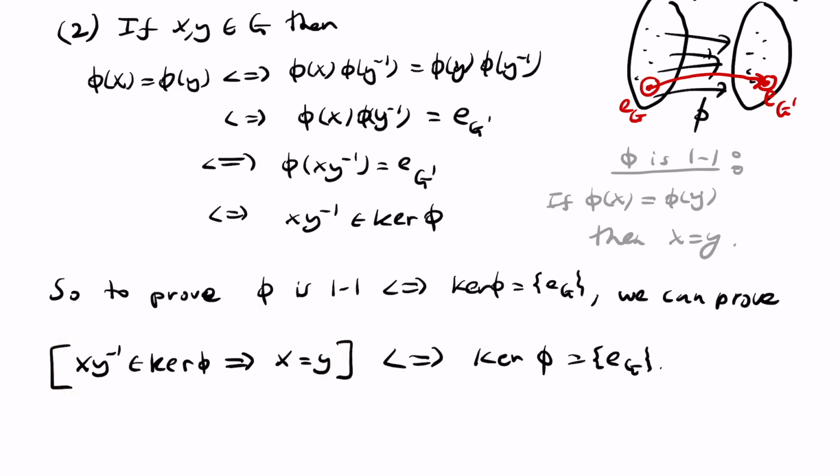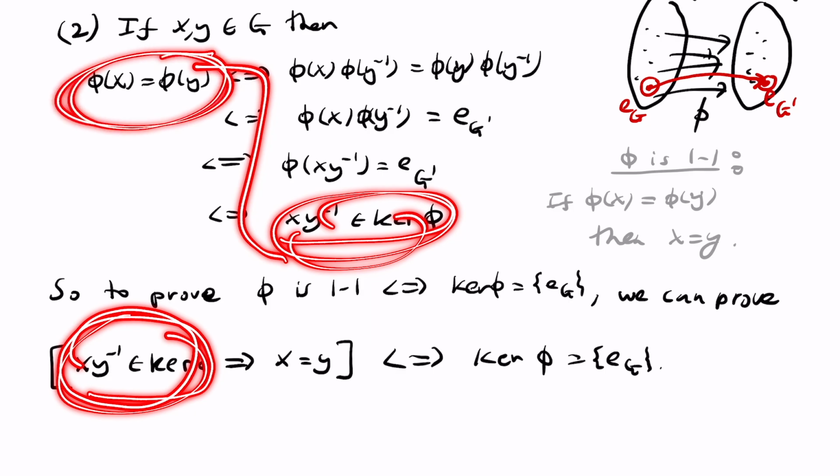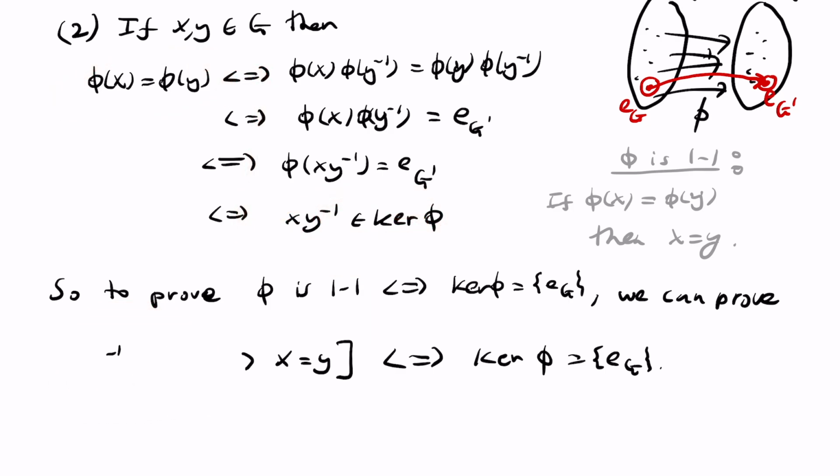The reason is that this piece here is the same as saying that phi of x is phi of y. So you can interpret this, and I'll write it in gray, as being equivalent to phi of x equaling phi of y.